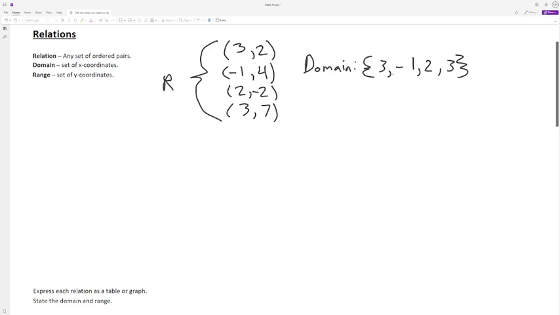Now, when we're writing domain and range and we write a set here, the set should only contain one of each number. So if I have a group of numbers 1, 4, 3, 7, 1, 2, 4, 1, and I want to write a set that tells me what these numbers are, the way I would list this set is by listing one of each of these numbers.